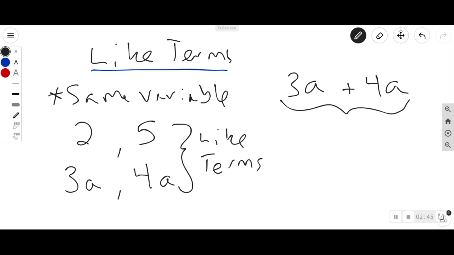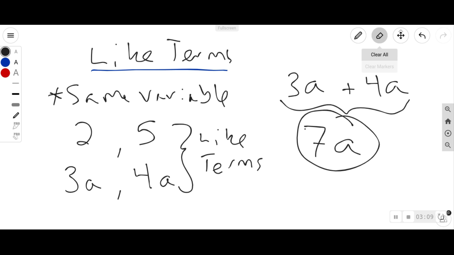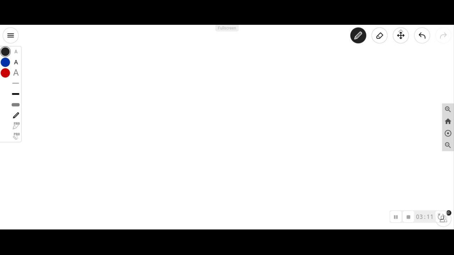I ignore the variable and all I do is the operation on the coefficients. 3 plus 4, which will give us 7a. So that is our answer. We ignore the variable, we just attach it in the end, and that's what we're going to use to solve our equations.